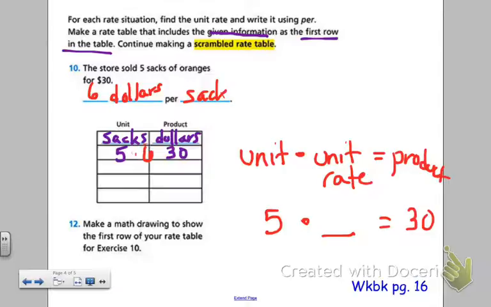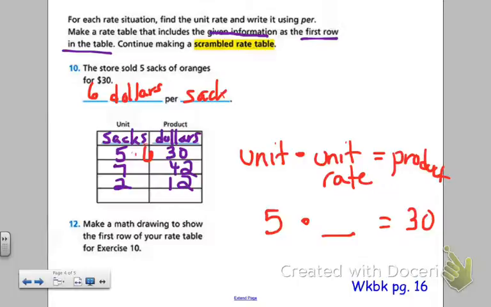So if I want to continue filling in this table, and again, I want to make a scrambled rate table, so I want to mix it up. What if I said there were 7 sacks of oranges? Well, 7 times 6 would be 42. What if there were only 2 sacks of oranges? That must be 12. Remember, this is a scrambled rate table, so I don't have to go in sequential order. I can mix it up a little bit.